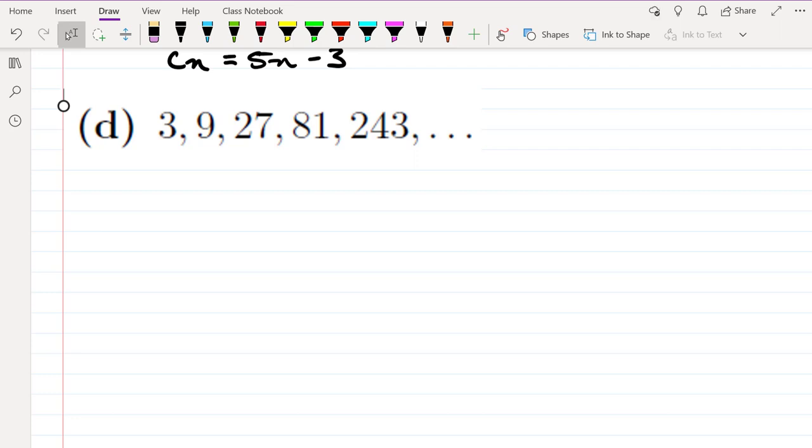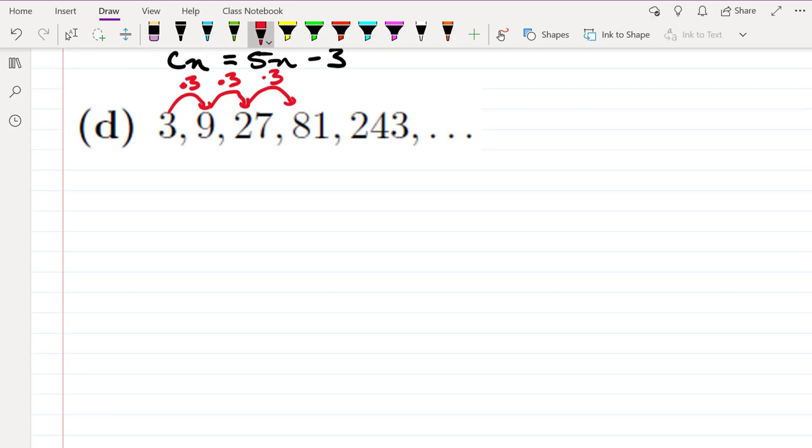So we're not adding the same thing every single time. But what are we doing? Well, I notice that 3 times 3 gives me 9, 9 times 3 gives me 27, 27 times 3 gives me 81, and 81 times 3 would give me 243. So instead of adding the same thing every time, I'm multiplying by the same thing every time.